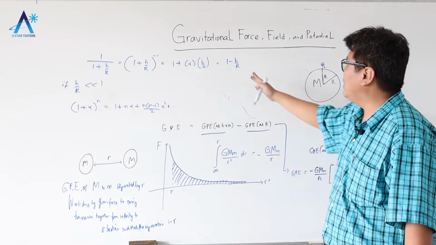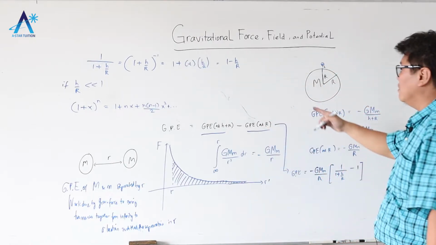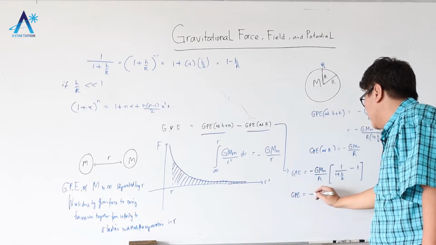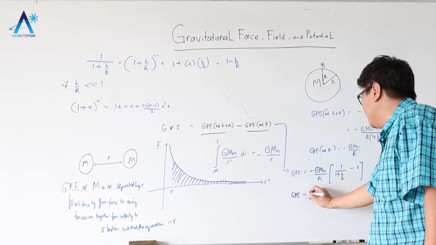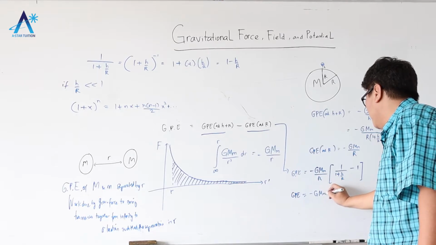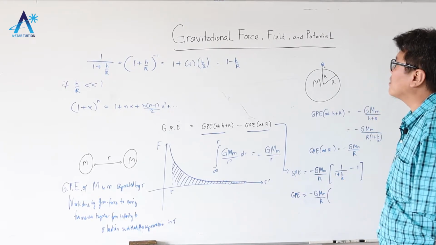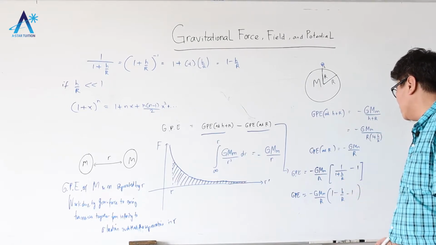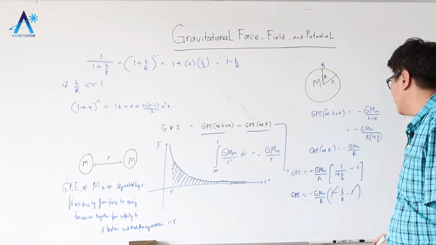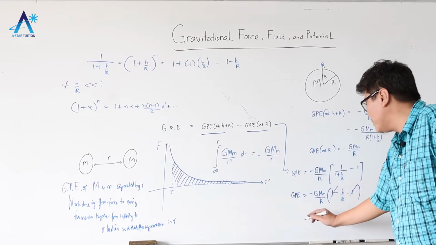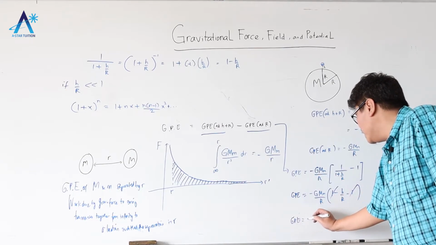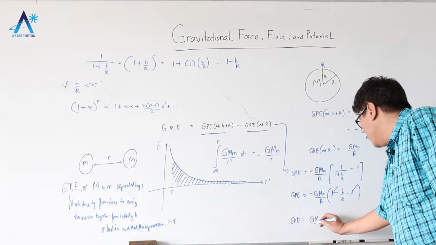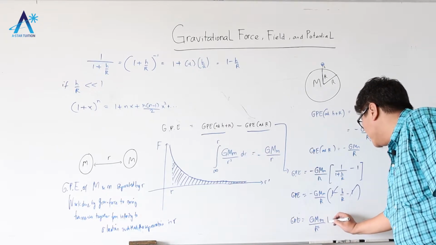So from here, let's substitute. The GPE here becomes minus, using the approximation, GMm over r times 1 minus h over r minus 1. You can see that the 1 and minus 1 cancel, and the minus multiplied with that minus gives you positive, which is GMm over r squared times h.